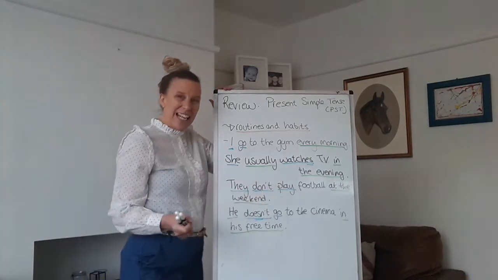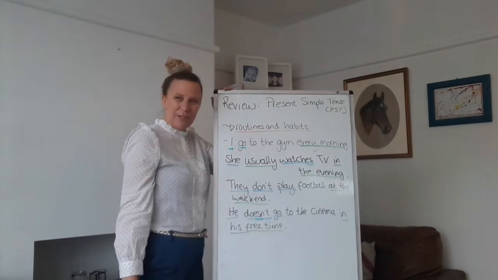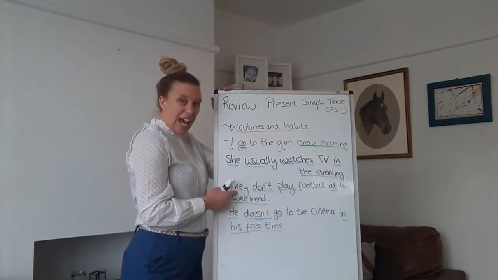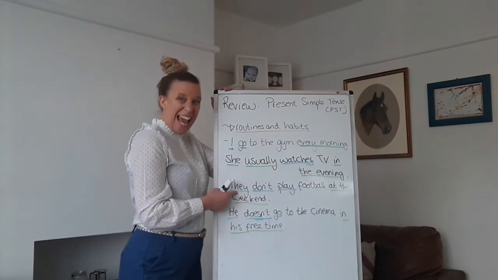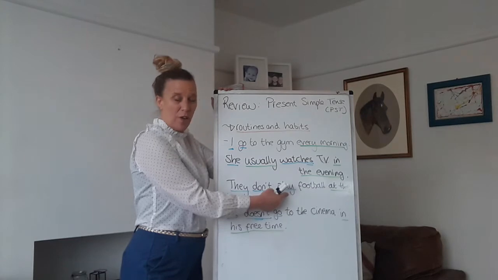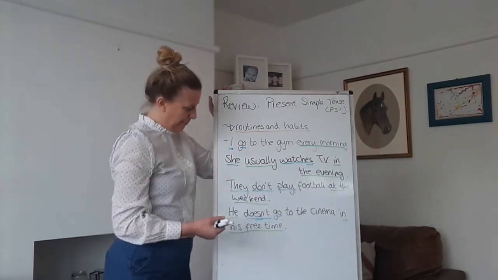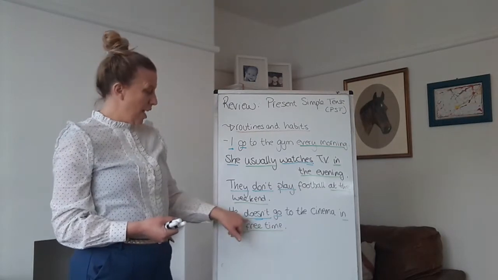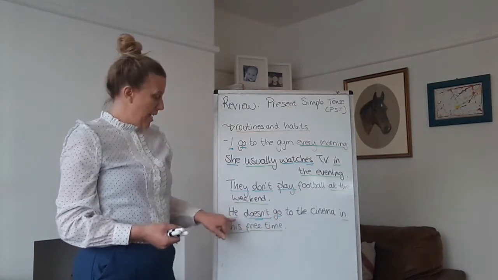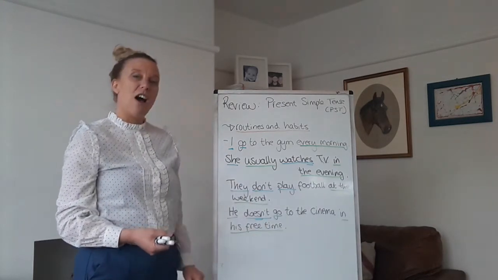For negatives, they don't play football at the weekend. So for I, you, they, we, we use don't, plus the base form of the verb. They don't play football at the weekend. He, she and it, we use doesn't, plus the base form of the verb. He doesn't go to the cinema in his free time.